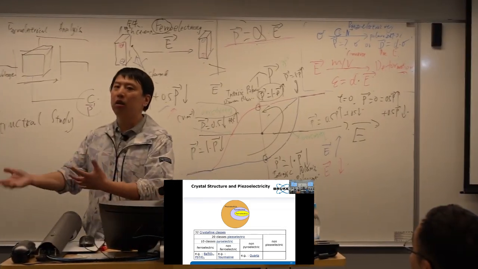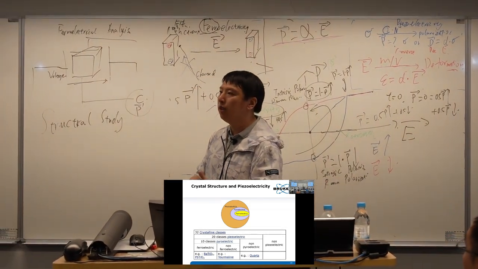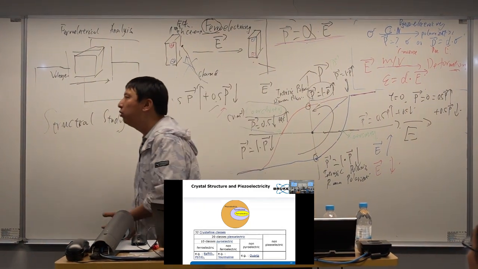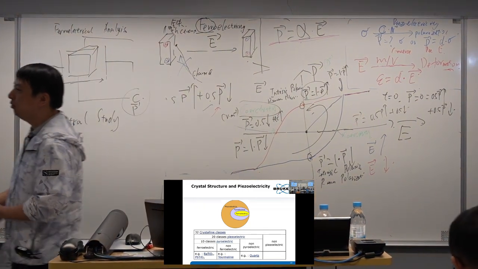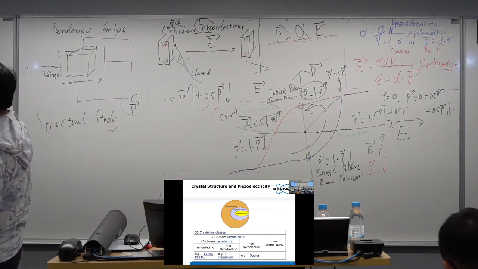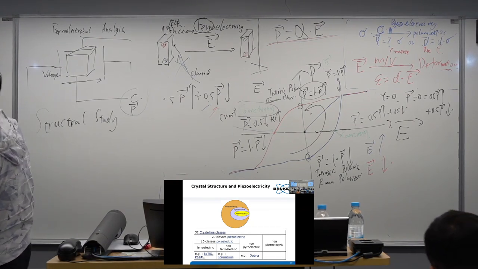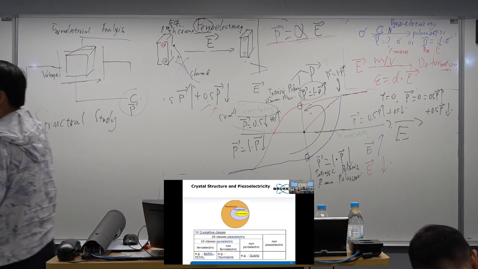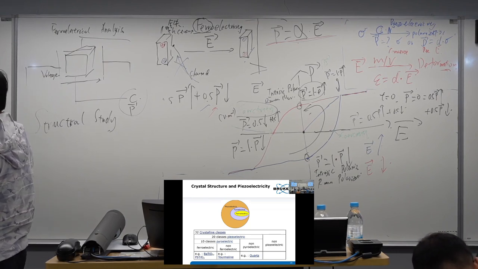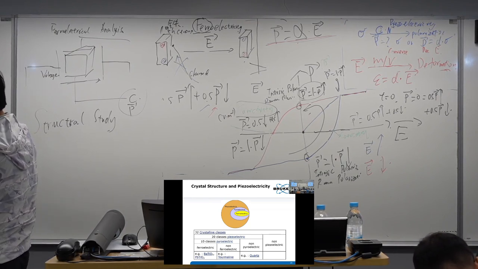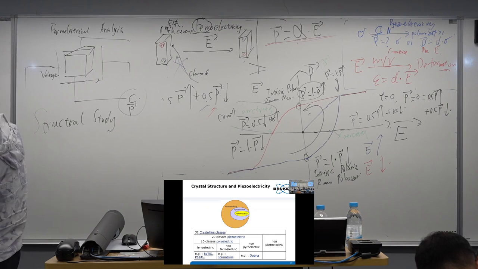Okay, so in your future, you may want to invent or discover new materials, and you want to test the crystal structures of your materials. For example, you find some new two-dimensional materials with quite new structures and quite good properties.